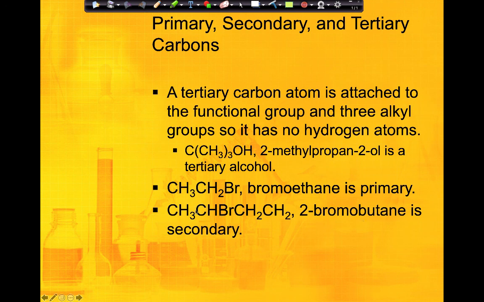It's attached to a secondary carbon because this carbon is attached to just 1 hydrogen. And then right here, this bromine is attached to a carbon that has 0 hydrogens, so it would be considered tertiary. So again, primary would be at least 2 hydrogens attached to the carbon. Okay. Secondary would be where we have 1, tertiary is 0. And then you can consider the functional group to be primary, secondary, or tertiary based on what type of carbon it's bonding to.